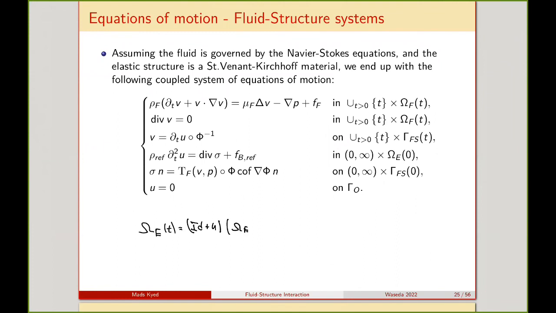It's defined by omega e0, yes. But then this is equal to the container minus omega f sub t. You have to prove this, or is it automatically satisfied, or I don't touch this one?